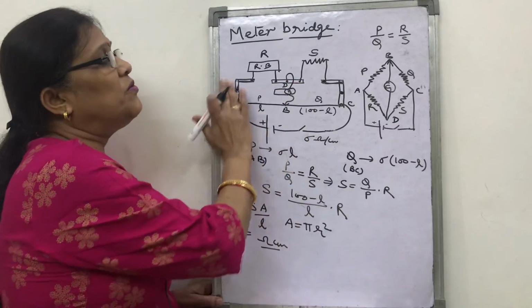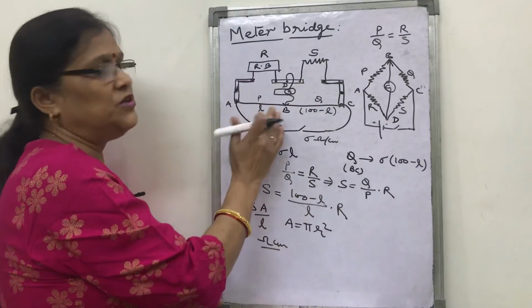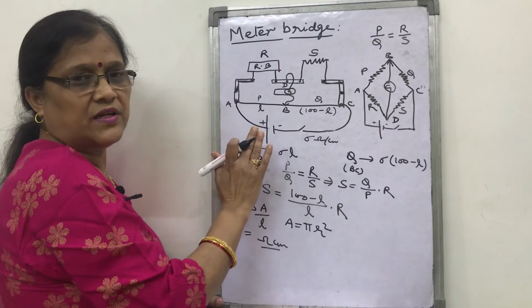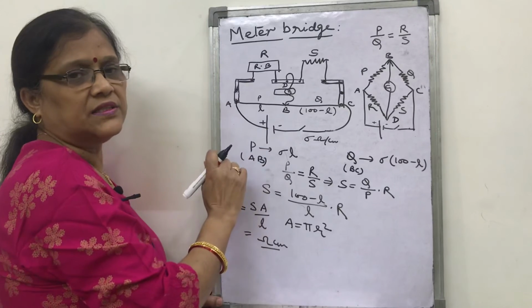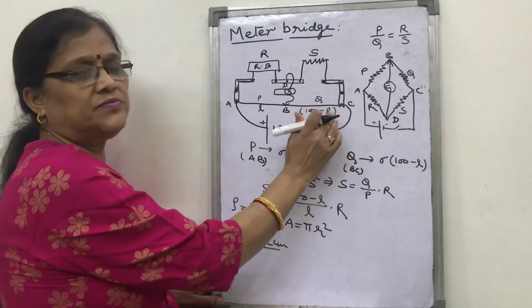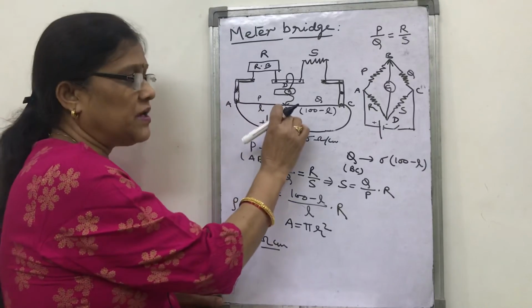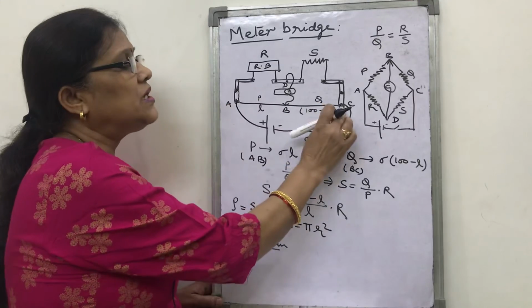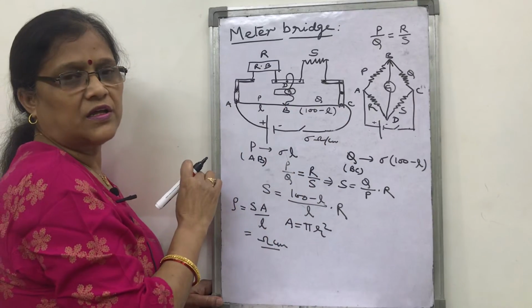So the overall bridge resistance due to these connections remains unaffected and accuracy increases. So that is why the metallic strips are used, why the null point should be in the middle, and why this wire is taken of alloy.